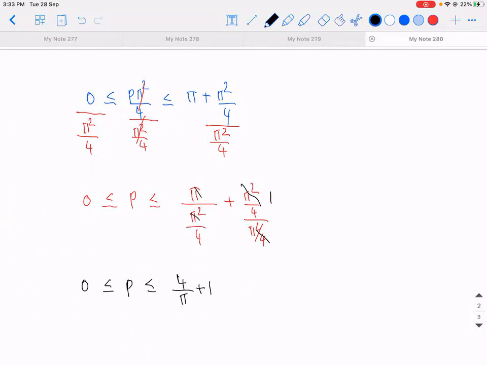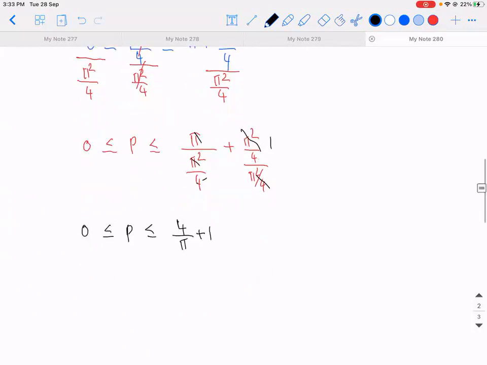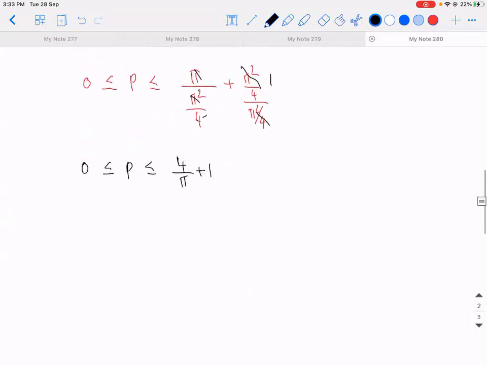The one pi got cancelled and the 4 comes to the numerator, so it becomes 4 by pi plus 1. So this is the idea about the value of p: the value of p is between 0 and 4 by pi plus 1.